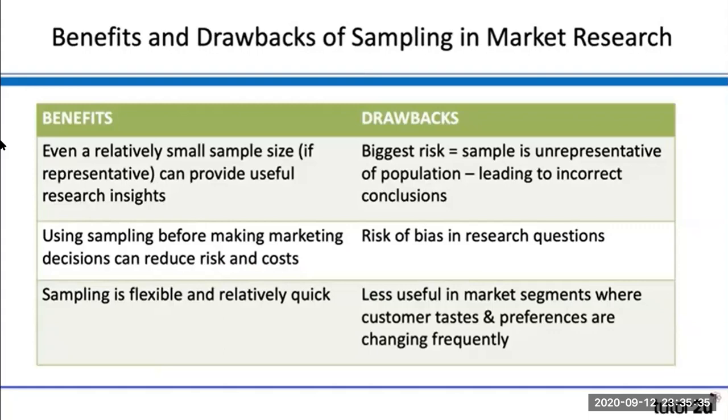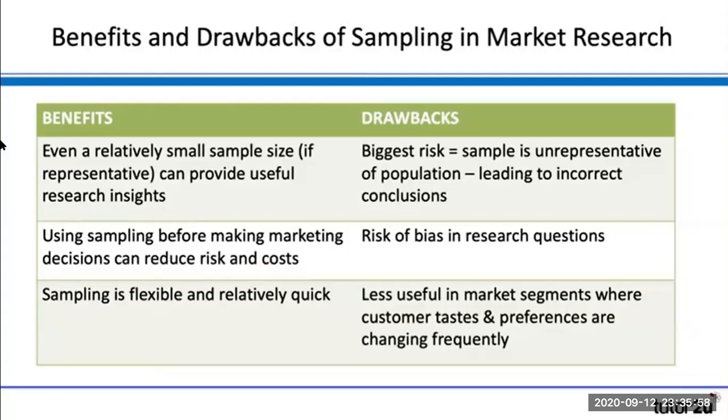And an important benefit of sampling is that it reduces the risk. Take some samples, do some focus groups from a sample of your target population to identify what the response of potential customers is to new products, rather than trying to launch them or to make a guess about what the population as a whole think.